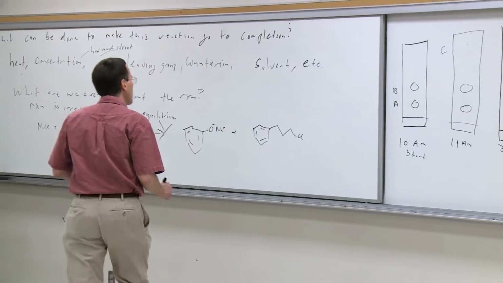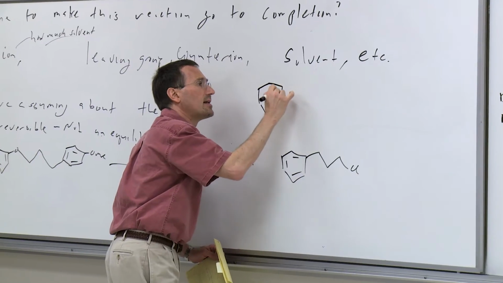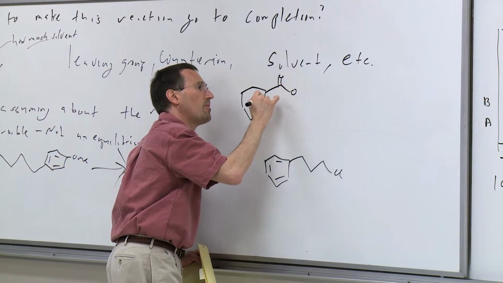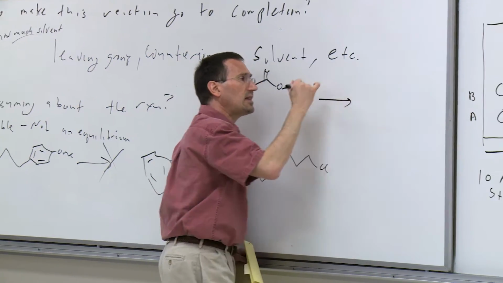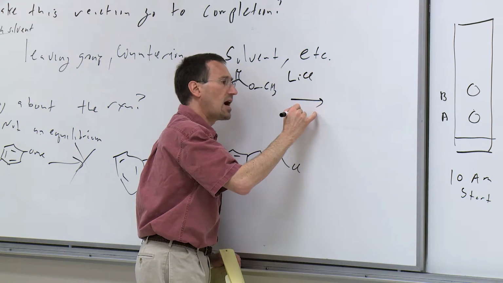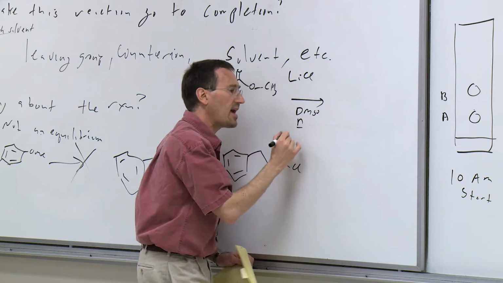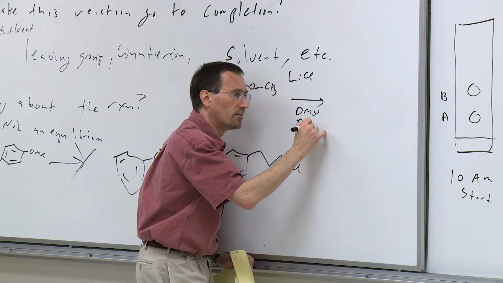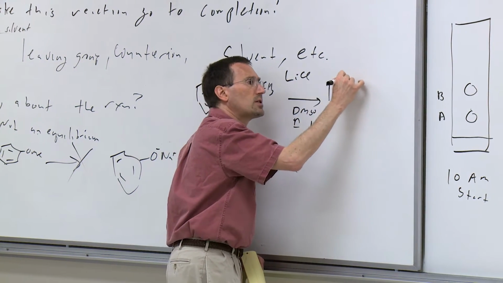So in other words, here would be an example of the reverse. You would take, say, methyl benzoate. I'll just give us a simple example. And you would heat the heck out of it with lithium chloride in a solvent like DMSO. And by heat the heck out of it, I mean probably 150 degrees or 200 degrees.